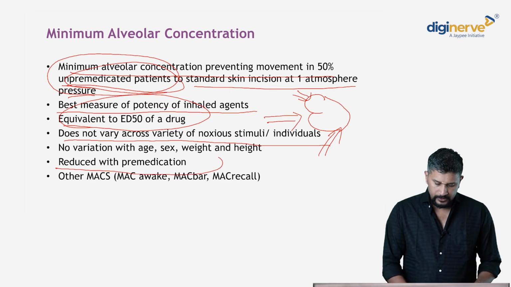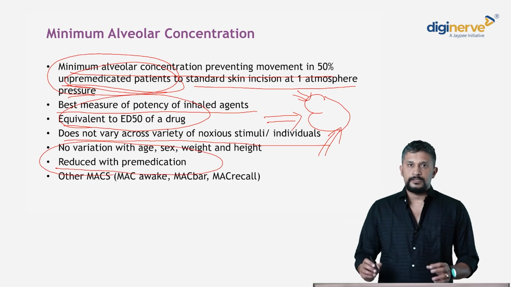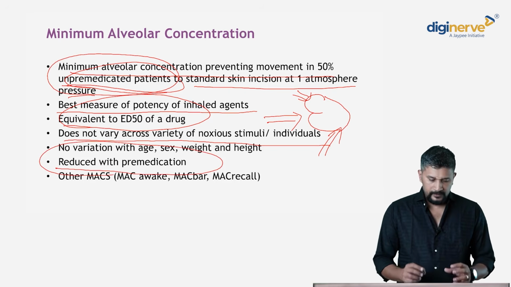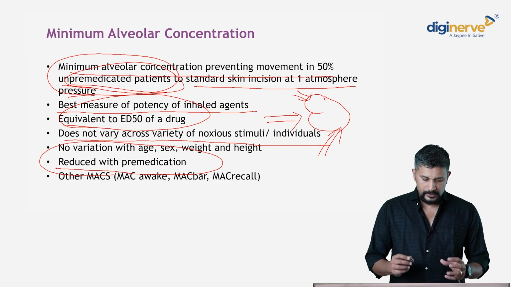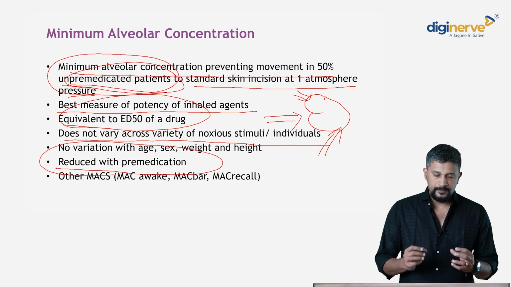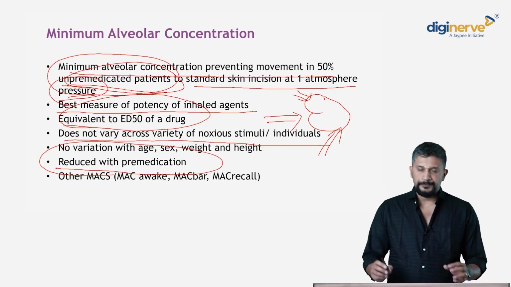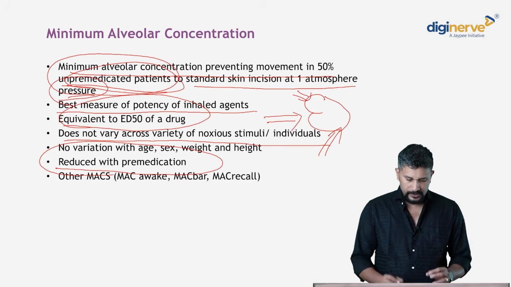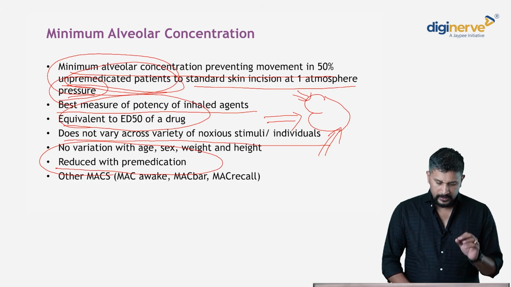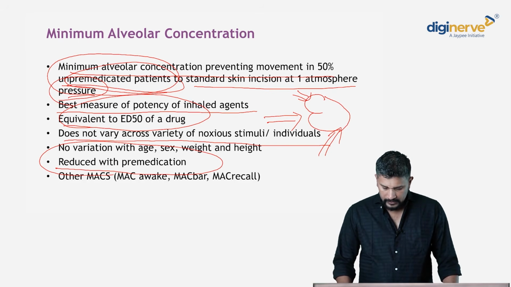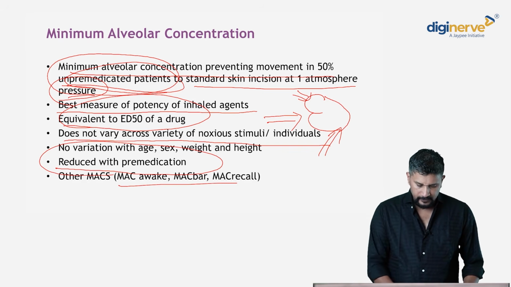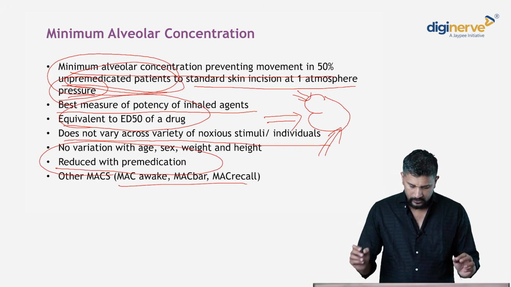Premedication tends to reduce your minimum alveolar concentration, and therefore whenever you're standardizing it, you need to do it in an unpremedicated patient at 1 atmospheric pressure and to a standard skin incision, and you're looking at the motor response.